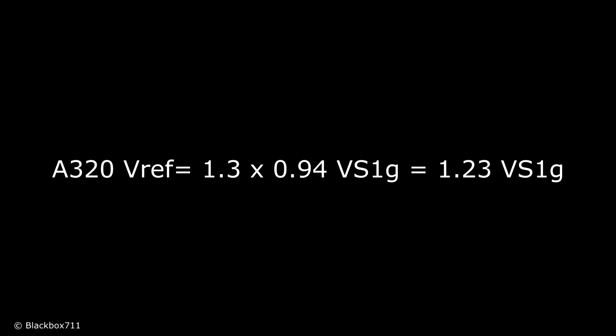And that means for the A320, we have to multiply that by the 0.94 factor that we've just talked about. And hence, the A320 VREF equals 1.23 VS1G. And guys, please don't get too worked up about this. I'm just stating some definitions here.